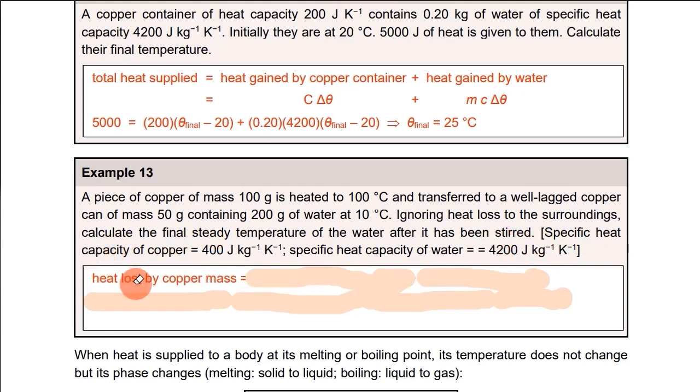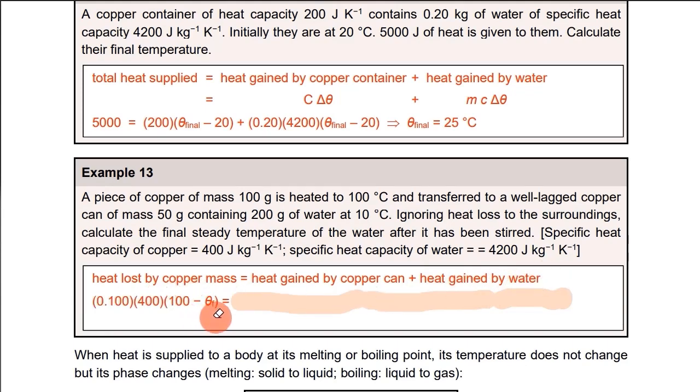So first, the heat loss by the copper mass. This is the very hot copper mass. This heat loss by the copper mass will go to the heat gain by the copper can, which is the container, initially at 10 degrees Celsius, plus the heat gain by water.